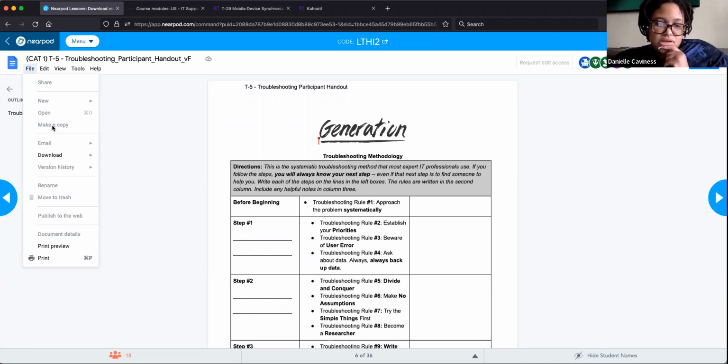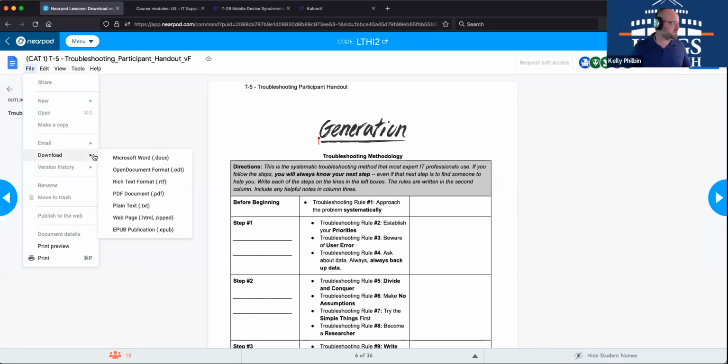I think I'm gonna try to download it. Yeah, see if you can download it, and that might work for you as well. So yeah, try to download a copy to one of the preferred formats that you use.